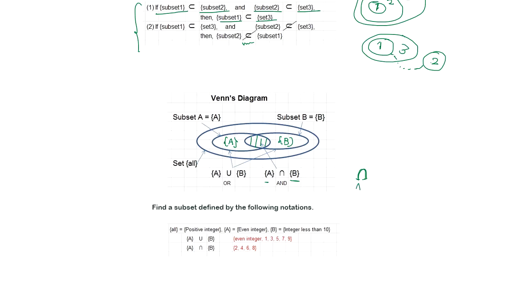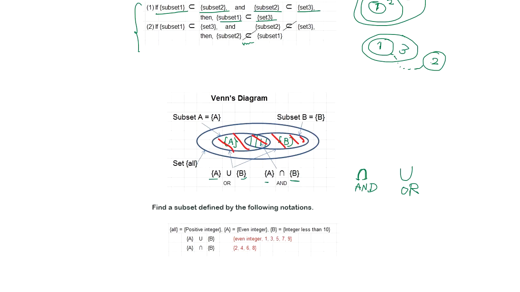In logic, we call this AND. And this one we call union. Union means A and B together, so it's going to be this area. And in logic theory we call it OR.